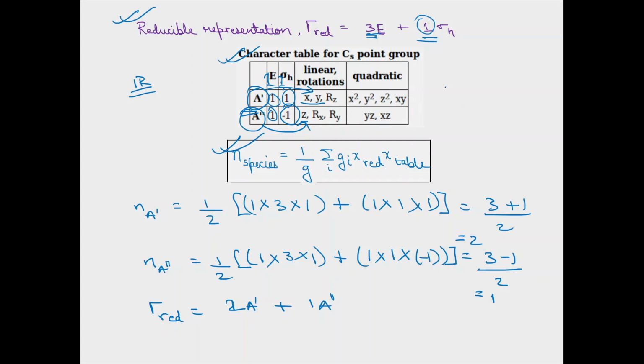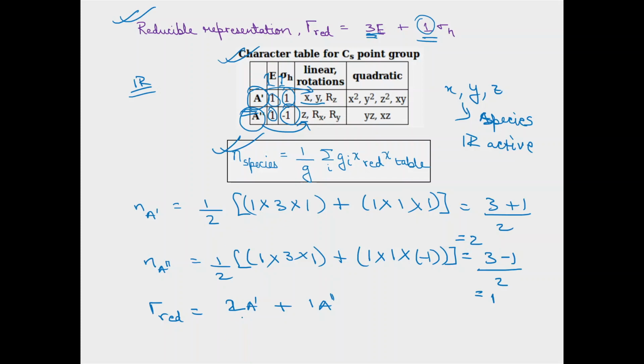So if anything among x, y or z is present in this linear rotation column, then only that species will be IR active. Here both A' and A'' will be IR active, because both of these two are transforming into Cartesian coordinates x, y or z.